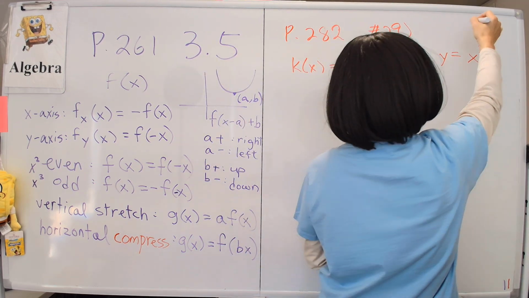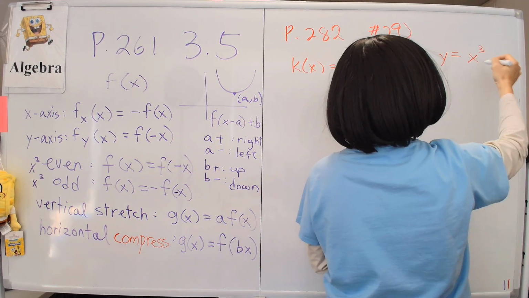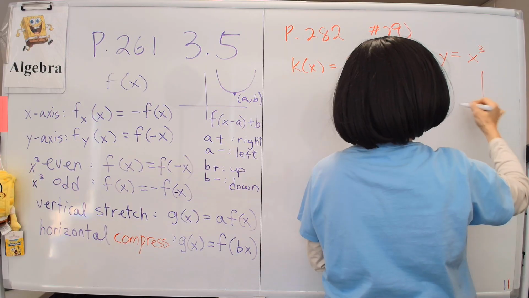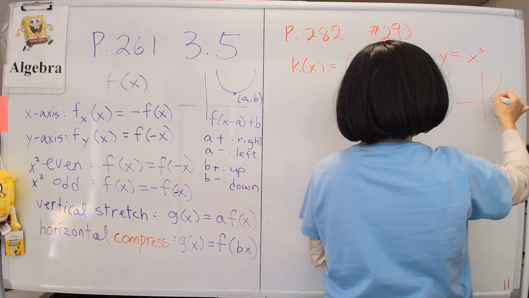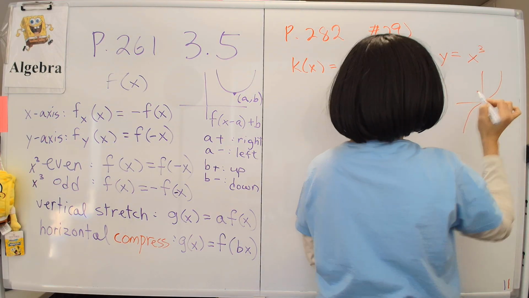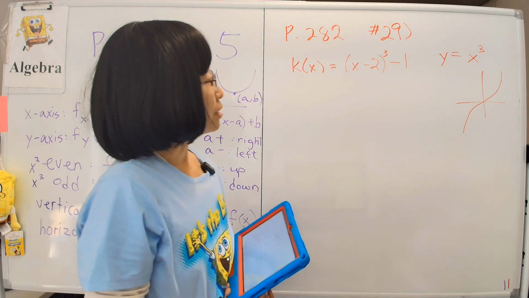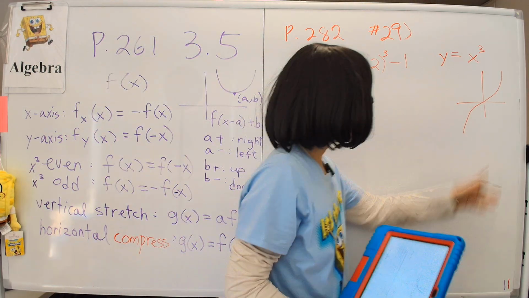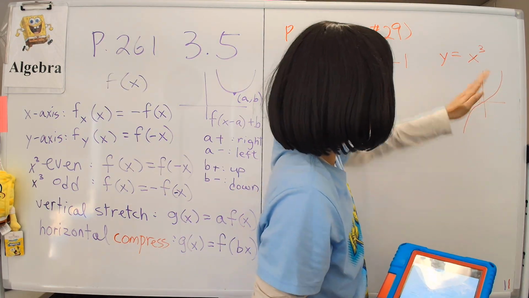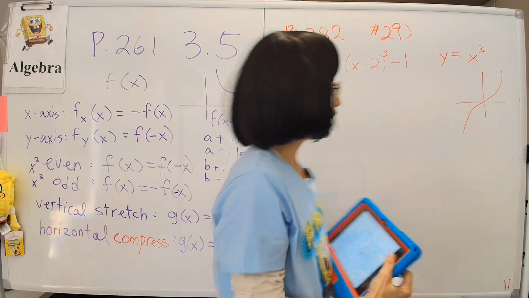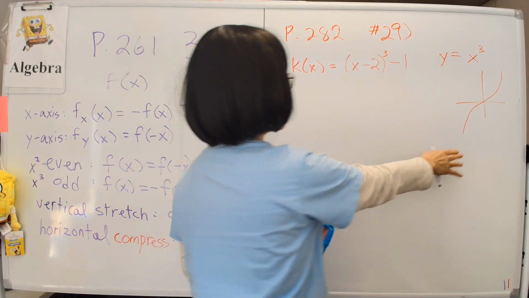If you look at the toolkit functions from a bit earlier, y equals x cubed looks something like this. Although I should have drawn this part a little more level, it kind of levels here.